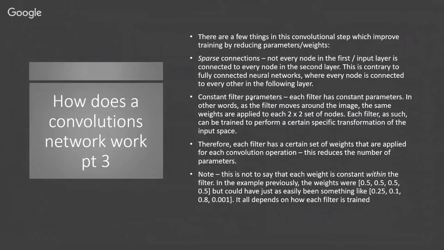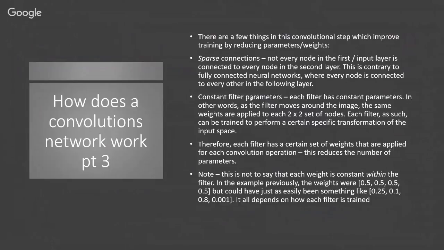Constant filter parameters: each filter has constant parameters. In other words, as the filter moves around the image, the same weights are applied to each 2x2 set of nodes. Each filter can be trained to perform a certain specific transformation of the input space. Therefore, each filter has a certain set of weights that are applied for each convolution operation.